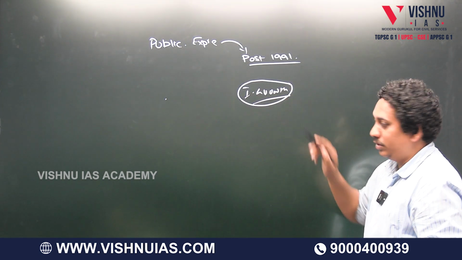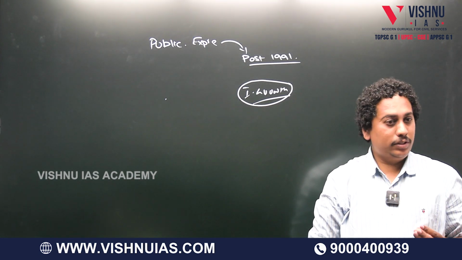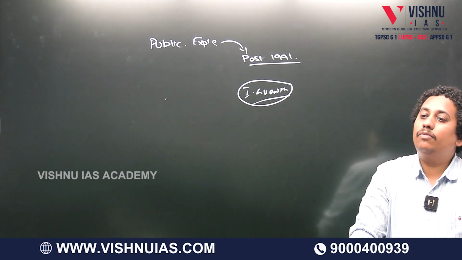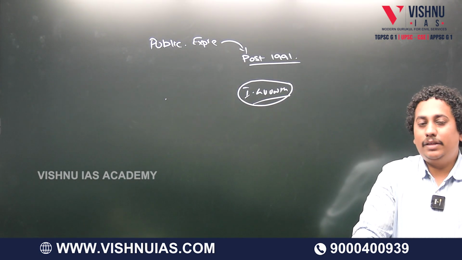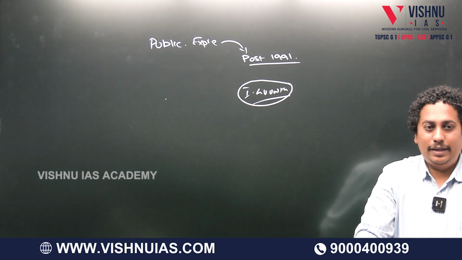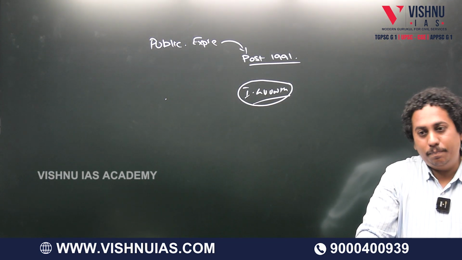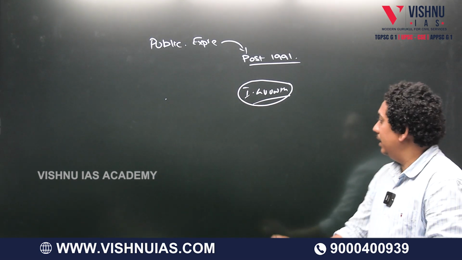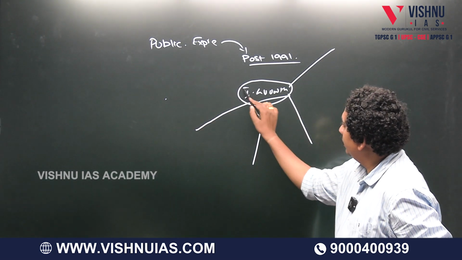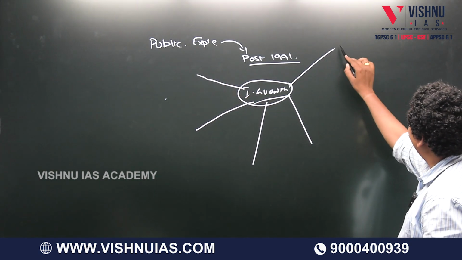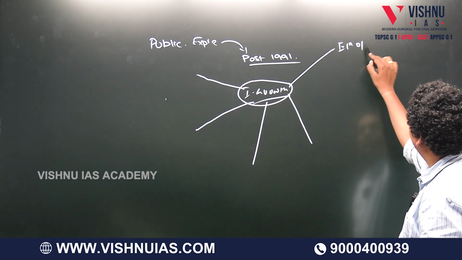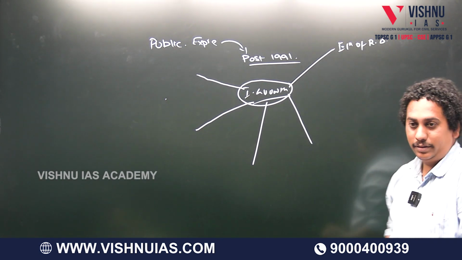What is inclusive growth? The growth which includes every section in the country without any form of discrimination, without leaving out any aspect. There are multiple components of inclusive growth. Inclusive growth can be achieved through elimination of regional disparities.